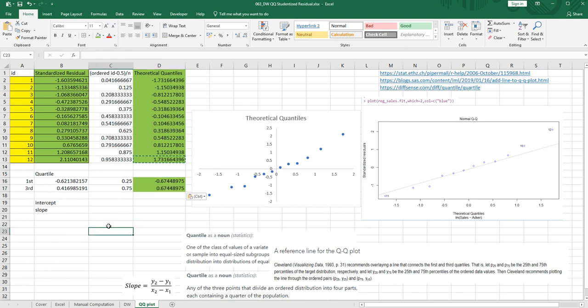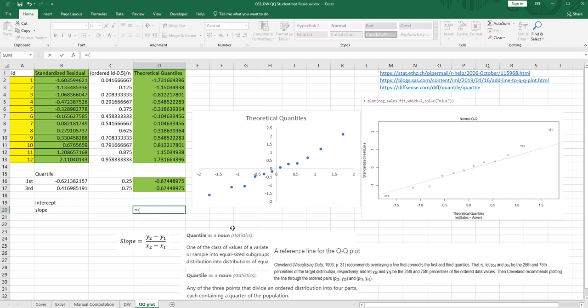Right. So to draw a line, we need to know the intercept and slope. So firstly, let's calculate the slope. The slope can be calculated by this formula: y2, this one, minus y1, over x2 minus x1.